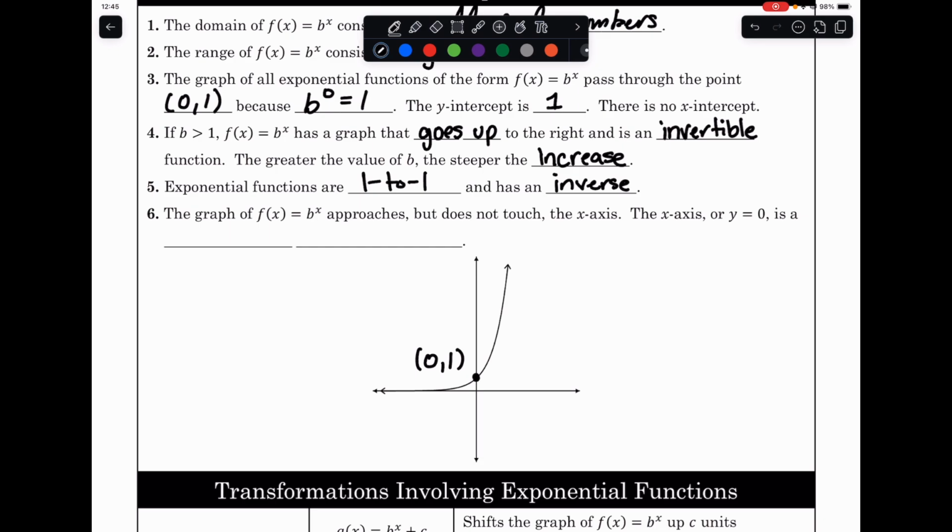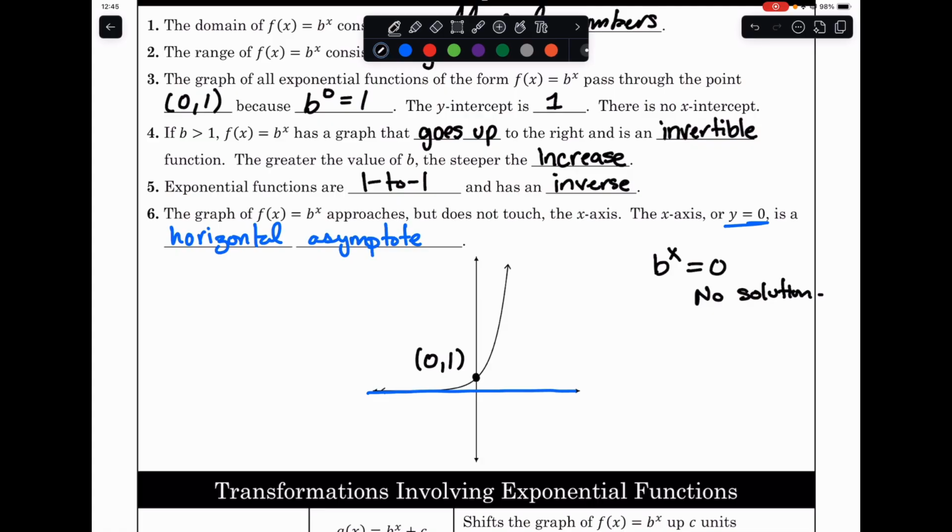So that means that this axis here, y equals 0, is a horizontal asymptote. Algebraically, what this means is that the equation b to the x equals 0 has no solution. Okay? So this equation will have no solution as a result.